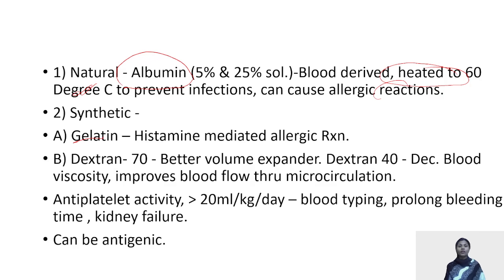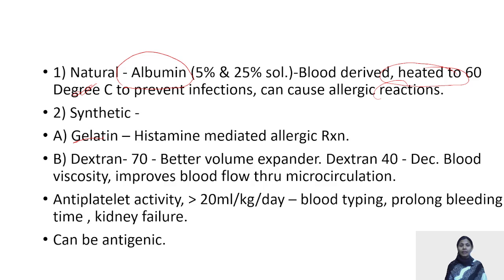These are the three synthetic colloids that are present. When we talk about dextran, it is a very good volume expander, whereas dextran 40 does decrease the blood viscosity and improves the blood flow through the microcirculation. Then antiplatelet activity has been seen in the patients who are using the colloids in the range of more than 20 ml per kg per day.